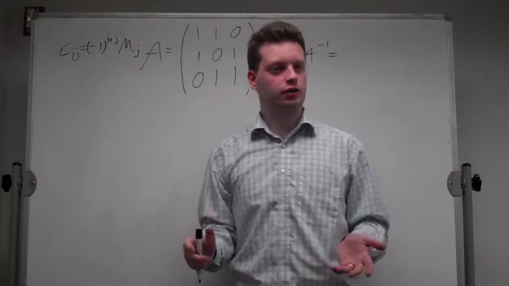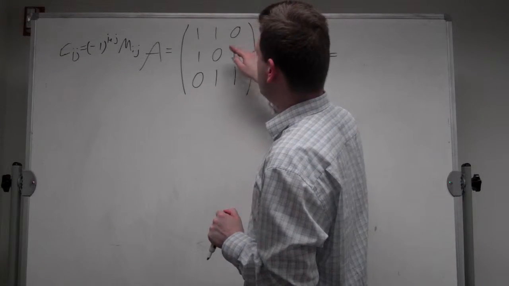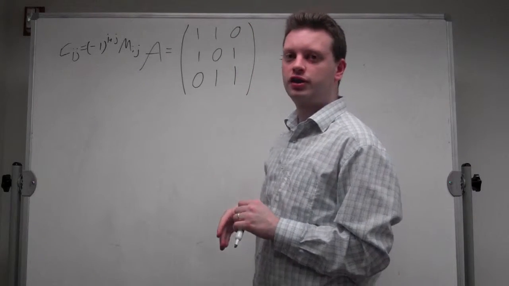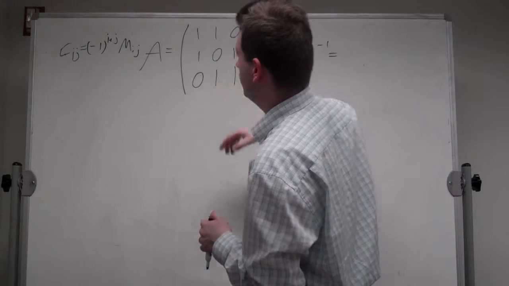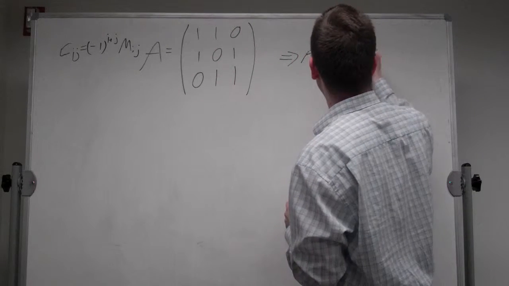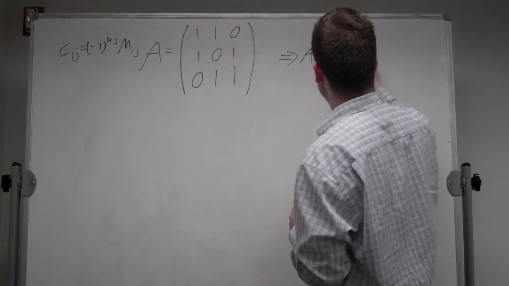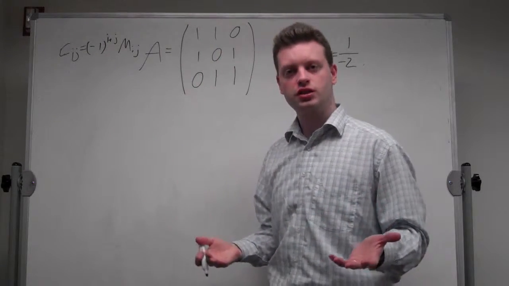Now we can already calculate the determinant of this matrix, which we immediately find. All the falling diagonal elements here will be 0, and the rising diagonals are twice 1, so the determinant of it is minus 2. Okay? So now let's find the matrix of cofactors.